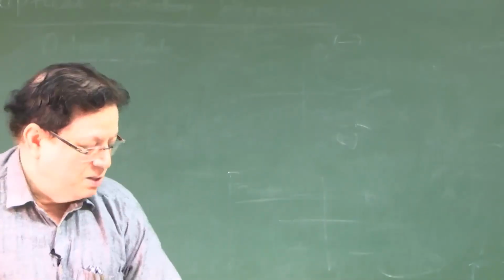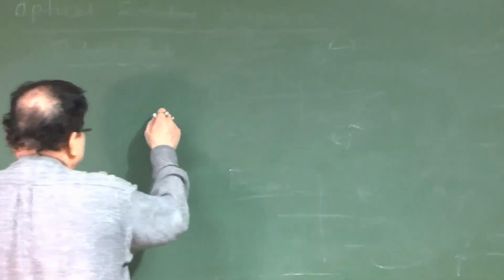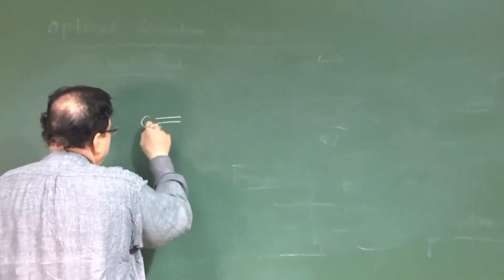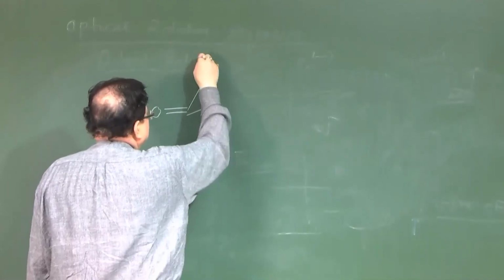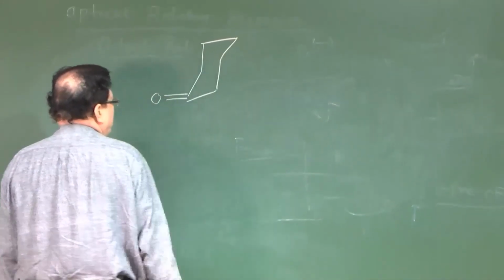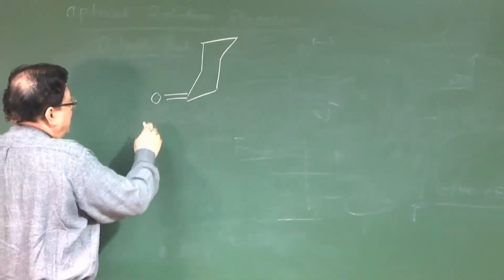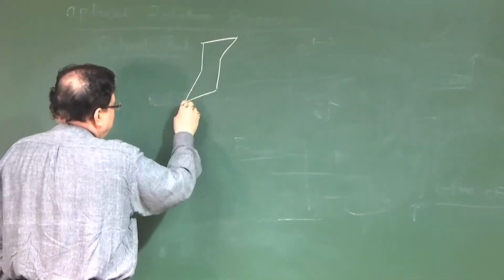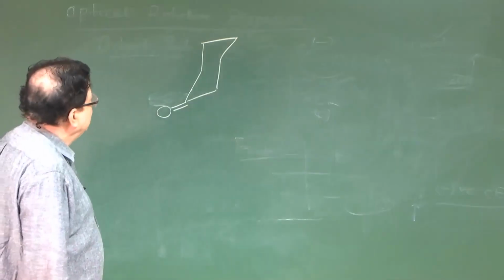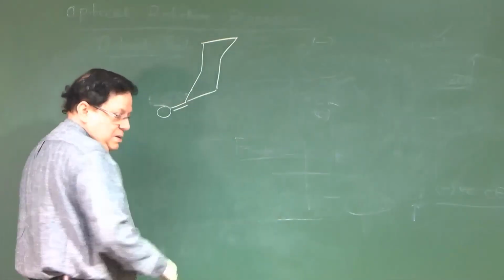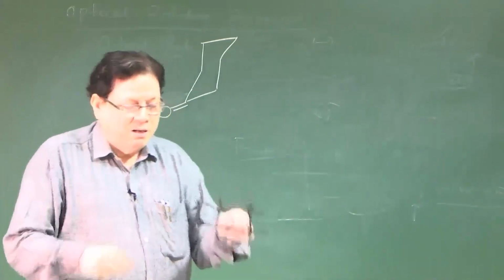Again I repeat, this is the way you draw the cyclohexanone system. And actually maybe a little bit on the bias side, this should be the carbonyl. Now, I go back to the model.